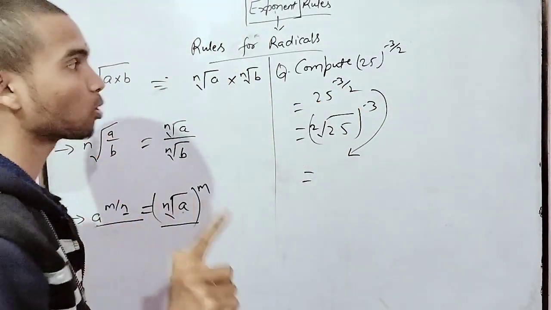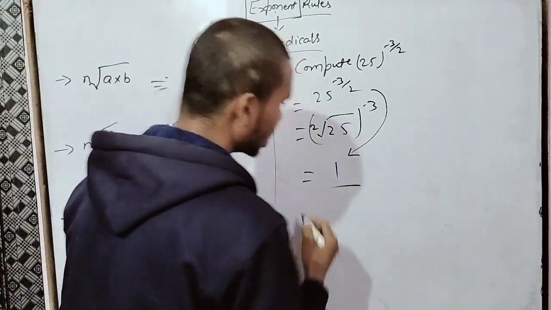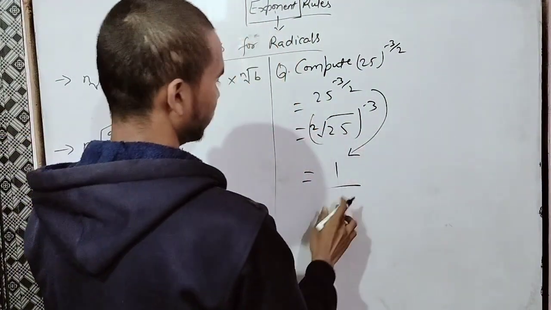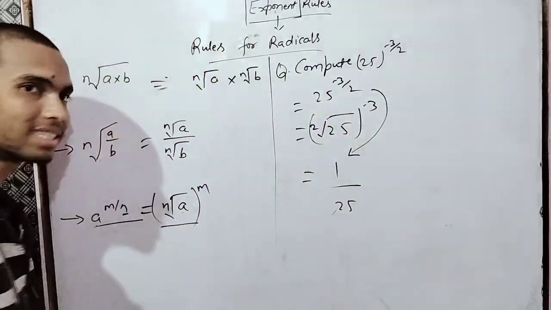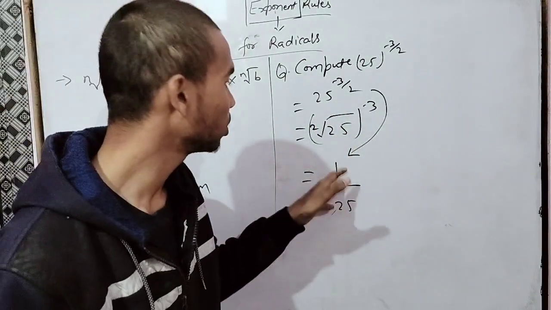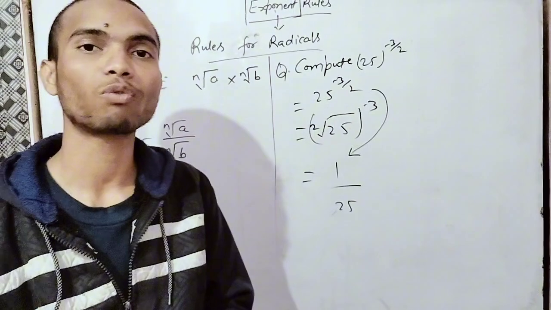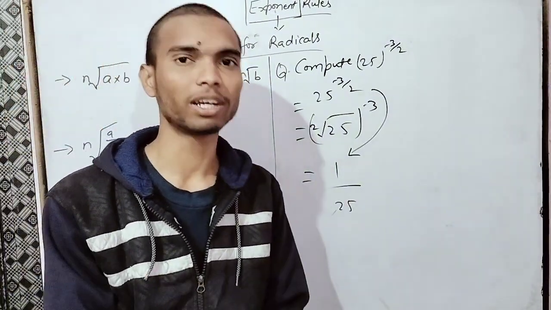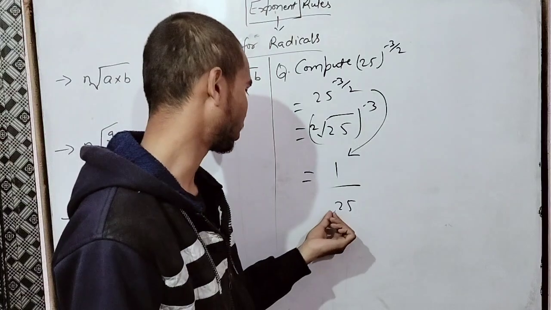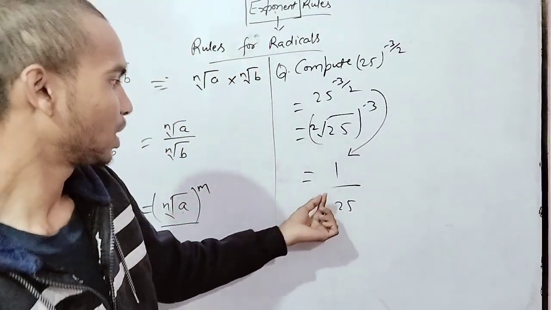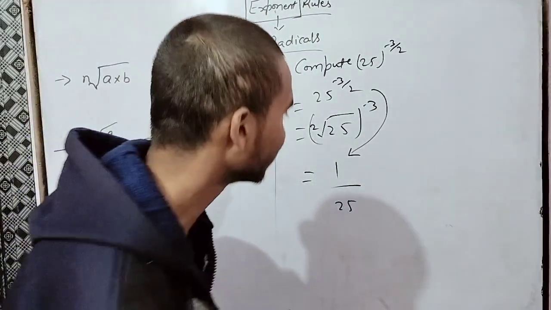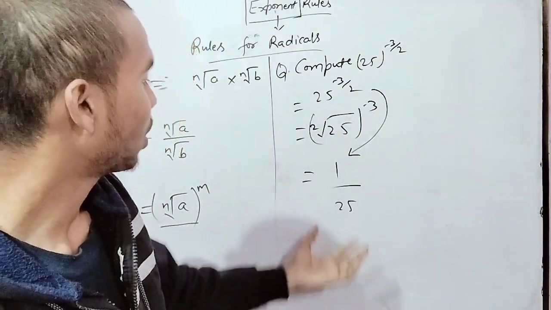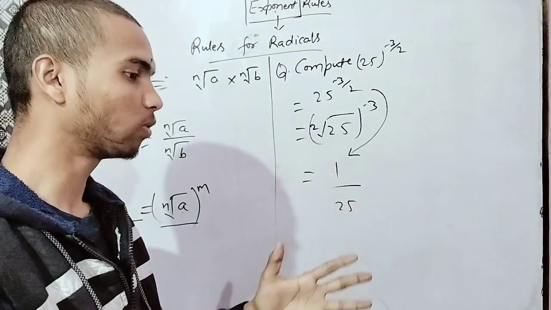We have negative exponents, and as we saw in the case of negative exponents, 25 as it is. So here we change the position of denominator and numerator. Similarly, if we are changing the position of denominator and numerator, then we will change the sign of the exponent as well.